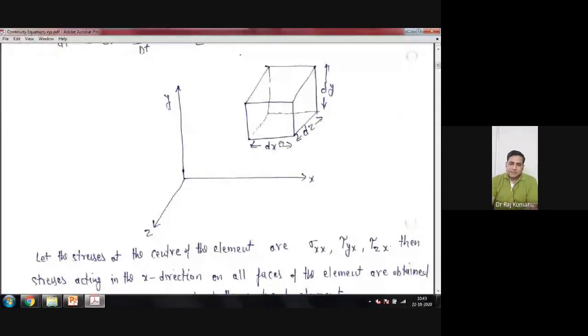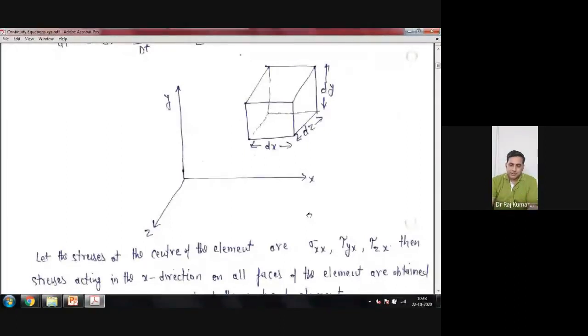So for this derivation, the stresses at the center we consider are sigma xx, tau yx and tau zx. That's what we mention here, because first we want to find the net force only in the x direction. We don't want to put all three directions in at once, because then the number of variables would become too many and it would be very hard to understand in the beginning.